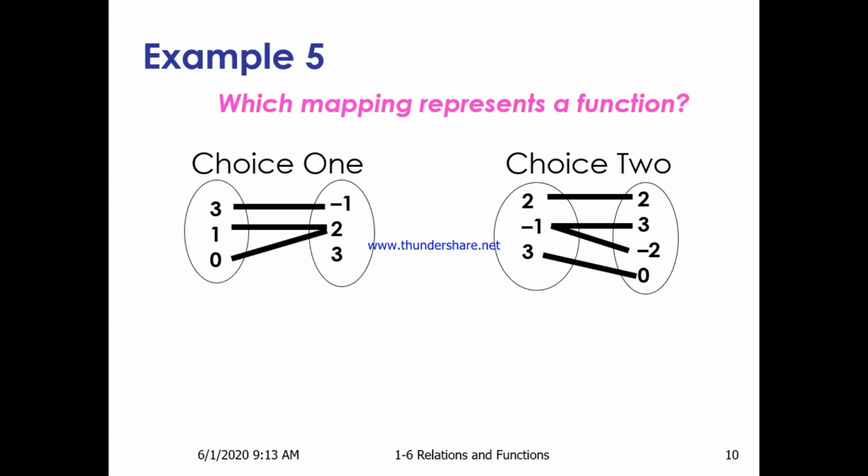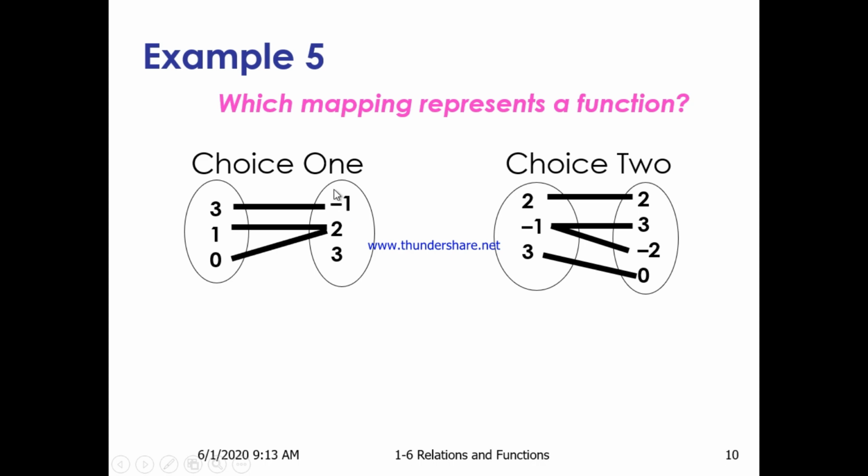But again, you focus your attention on the first coordinates. And in the domain or the input, we have 3, 1, 0. 3 is paired to negative 1, 1 is paired to 2, 0 is paired to 2. As you can see, ari rata mag-focus diri sa independent variable or the input.